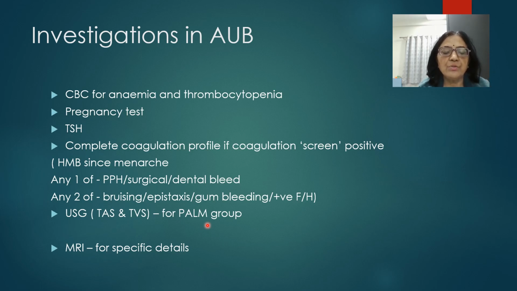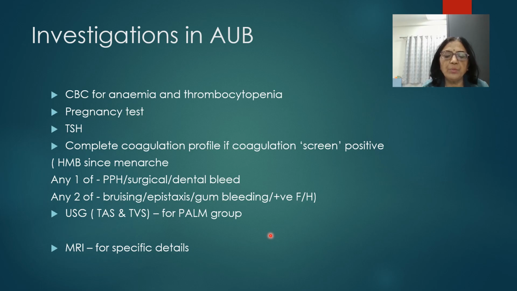Same way, what you should understand is whenever we are talking about polyp, adenomyosis, leiomyoma, and malignancy, this PALM-COEIN classification system does not include postmenopausal bleeding. So this I want to stress again. Cervical cancer is not included. Postmenopausal bleeding cases are not included under this AUB.